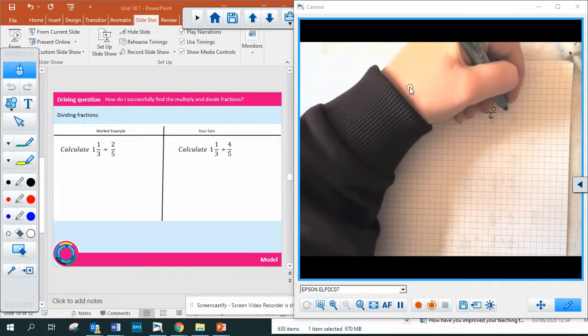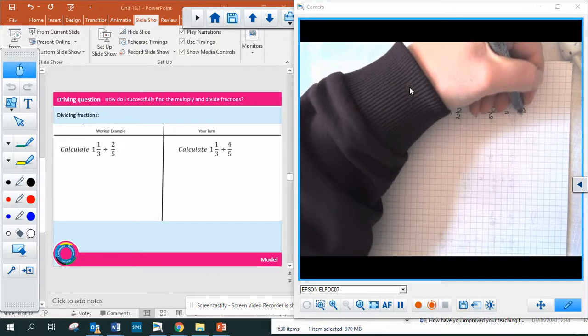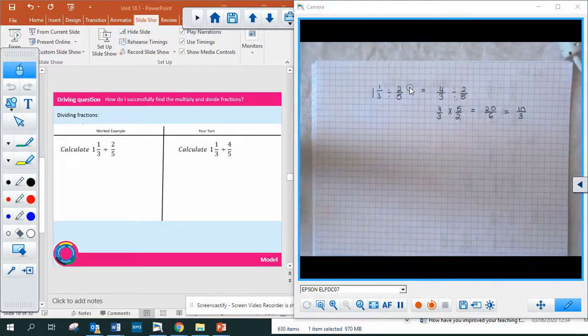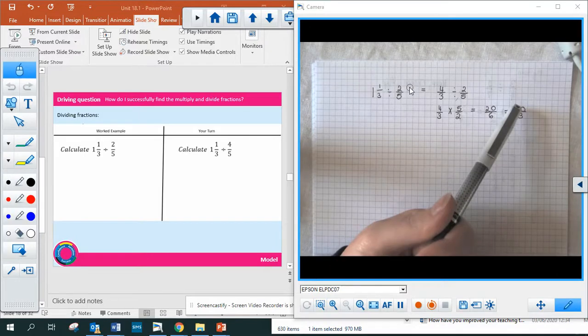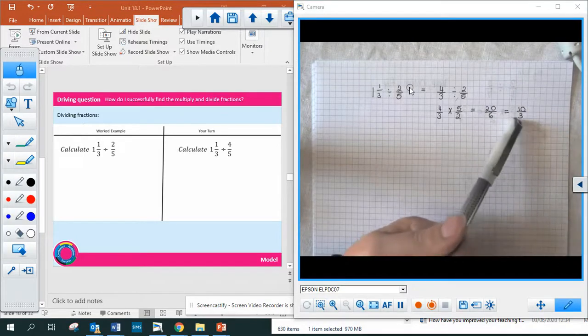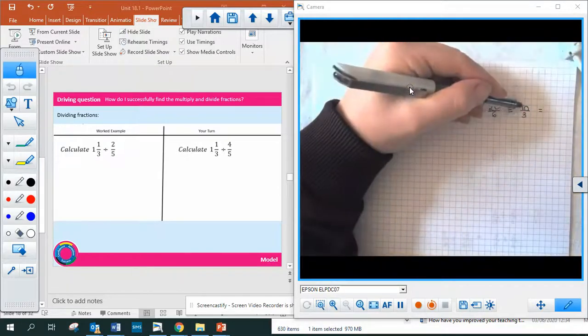Okay, I can simplify that to 10/3. And I could also, if it asked me to, convert this improper fraction, and I know it's improper because my numerator is bigger than my denominator, to a mixed number. I do that by saying how many 3's go into 10?